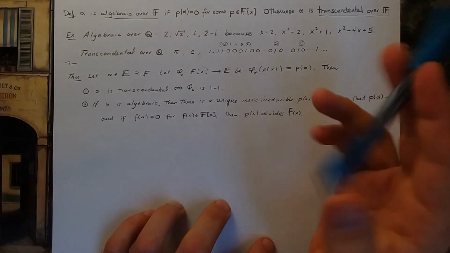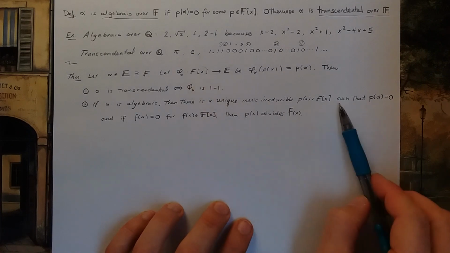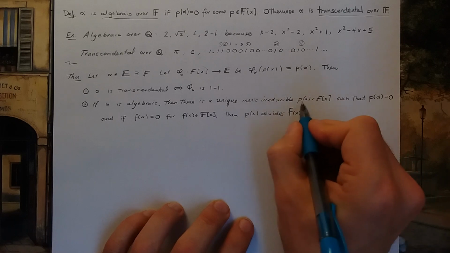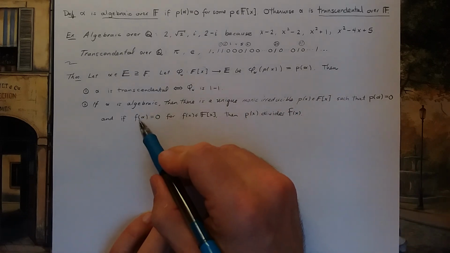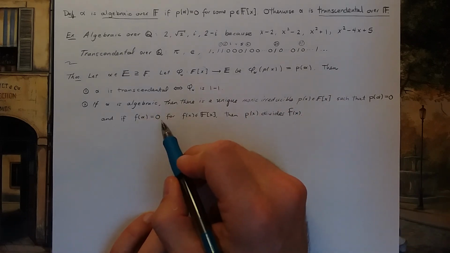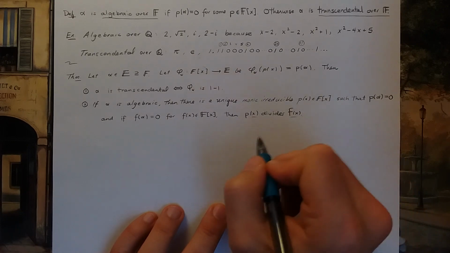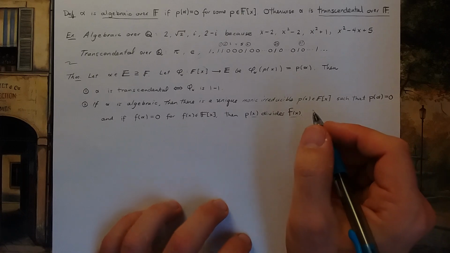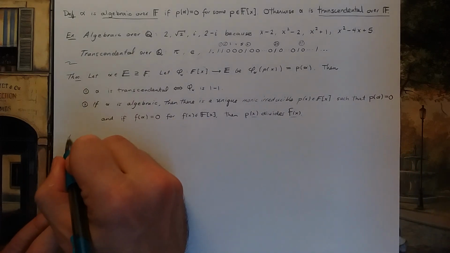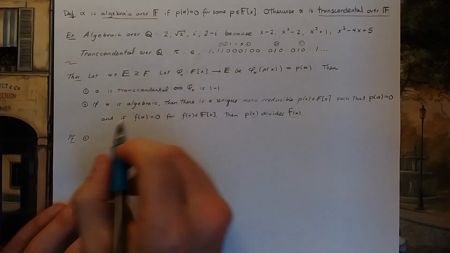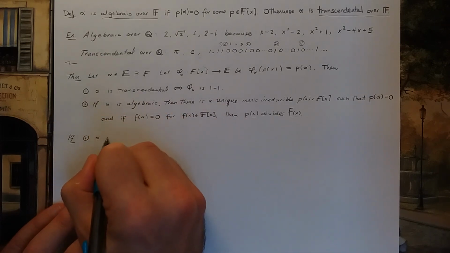So in some sense, I'm saying that there exists a unique minimum irreducible polynomial, like the smallest one, so that if you have any other polynomial that has alpha as a root, then your smaller polynomial has to divide that f. So let's prove this fact. I guess I have two statements here. The first one is a pretty easy proof.